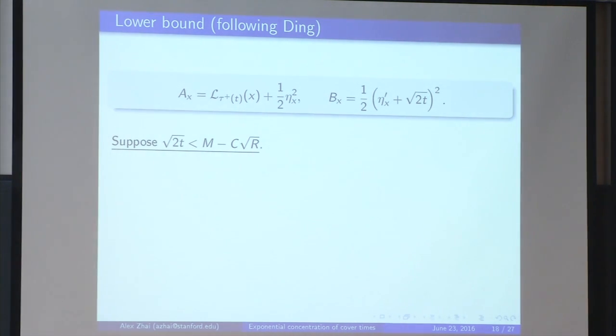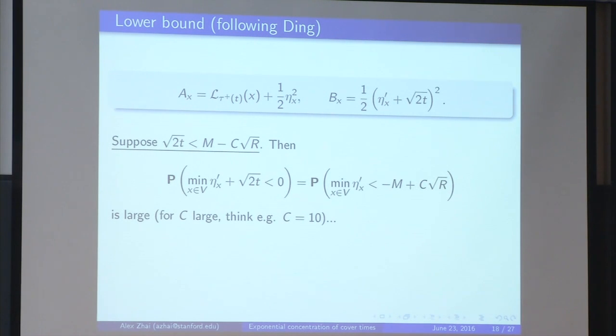Suppose that eta prime x plus root 2t is actually equal to 0, right? Then that would immediately imply that the corresponding a sub x is equal to 0. All these terms are non-negative, so in particular, the local time is forced to be 0, right?